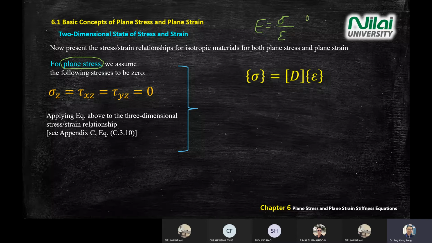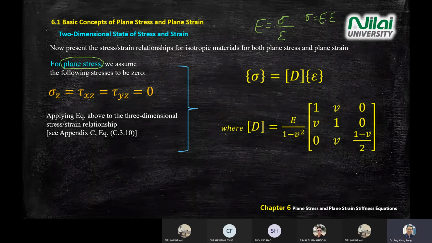So when you write stress equal to elasticity constant times the strain, you get your stress. The same thing happens here, only we put it in matrix form. So we write stress equal to our constant value, which we call a matrix, times your strain.